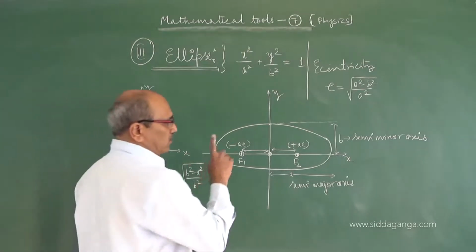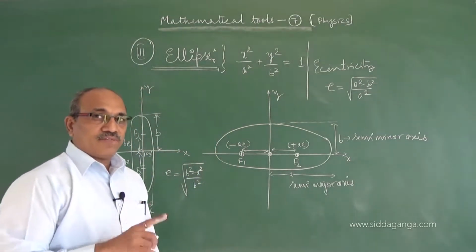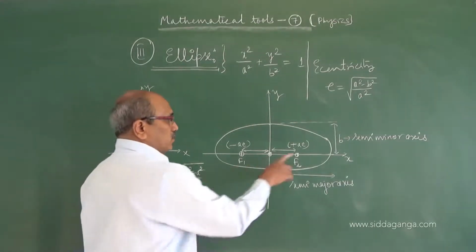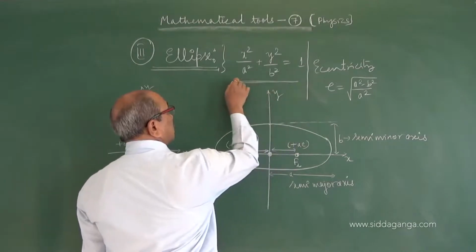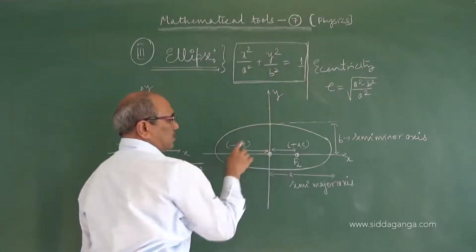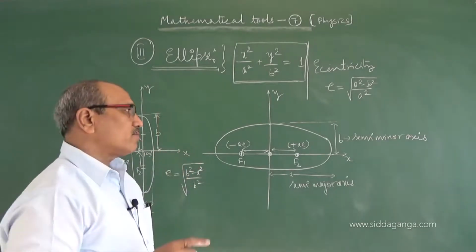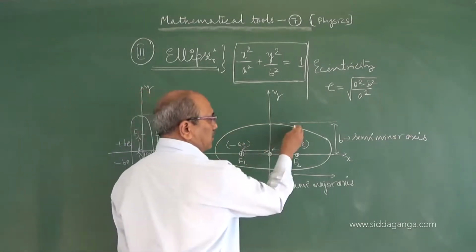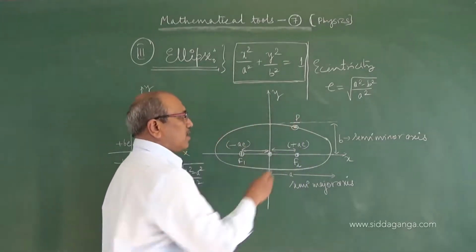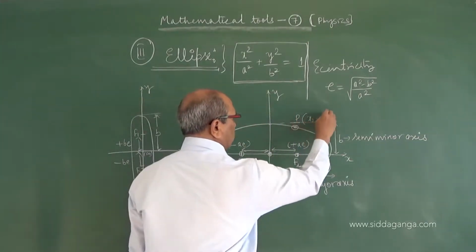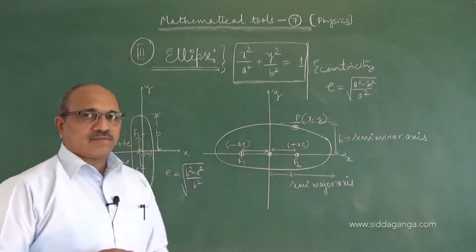And further, one important term you have to remember in terms of physics is this. This curve is tracing under this equation, the locus that we got, and we named it an ellipse. But one important condition: any point you can take, generally point P, having coordinates x and y, has a very significant relation with the foci.